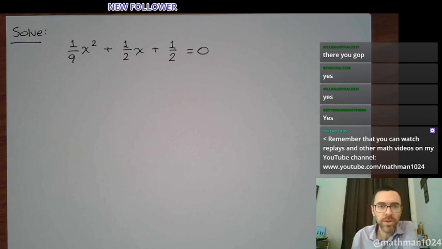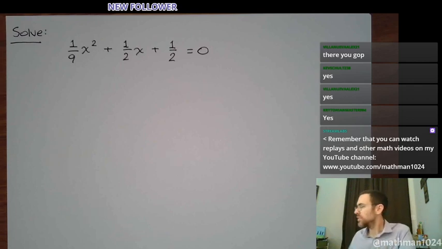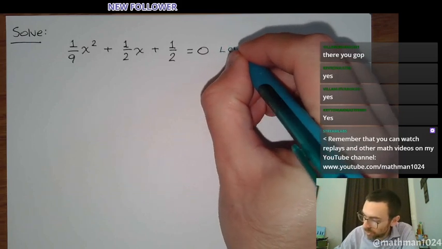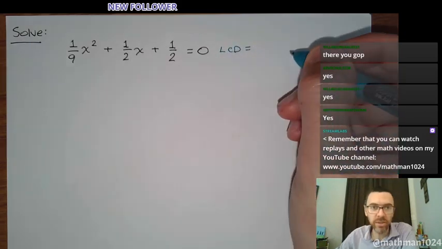So one of the things we want to do here is just get rid of the fractions. Now we can't do this in a mean way. Whatever we do has to be a legitimate step. So what we want to do is identify the LCD and multiply everything in the equation by the LCD.